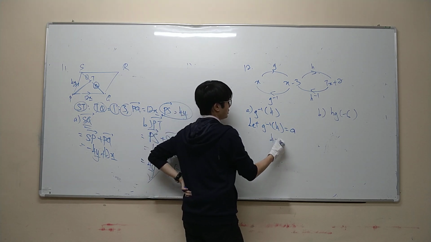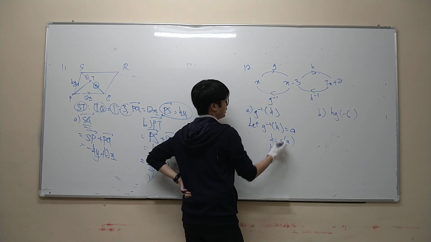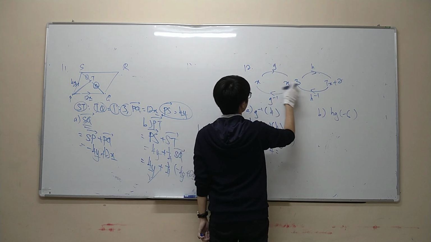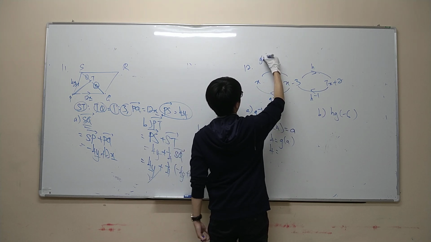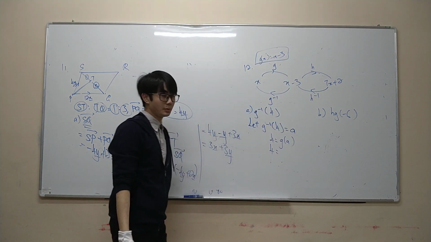And then 4 equals to, pindah can jadi GA. And then 4 equals to, okay, what is GA? You know what is GA? Because you already know from x to x minus 3 is melalui G. Maksudnya Gx equals to x minus 3. Boleh ke? Boleh ke?